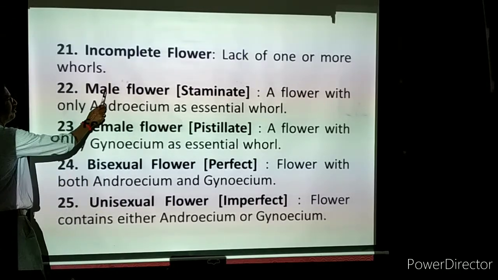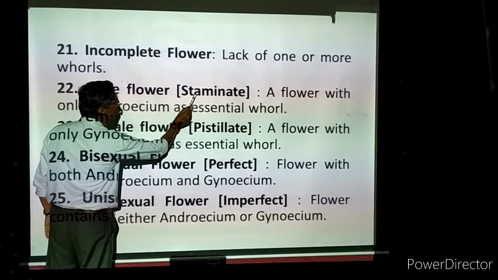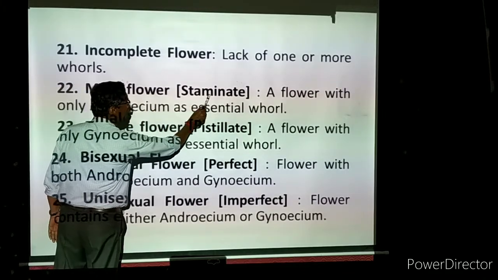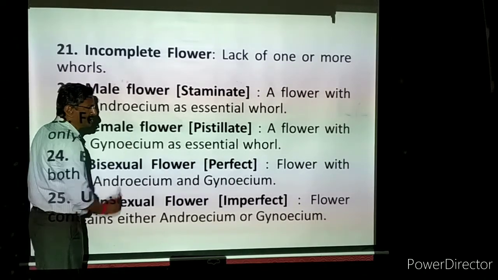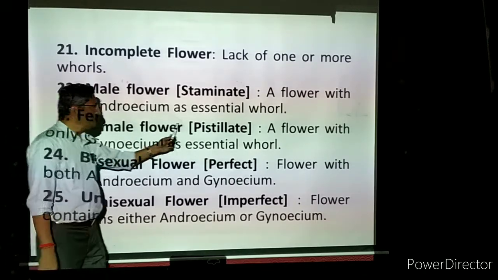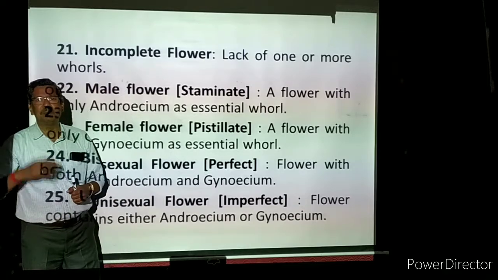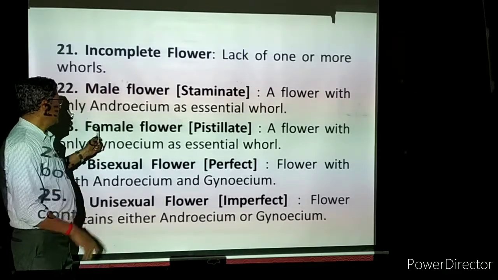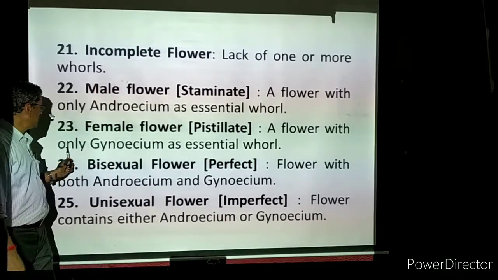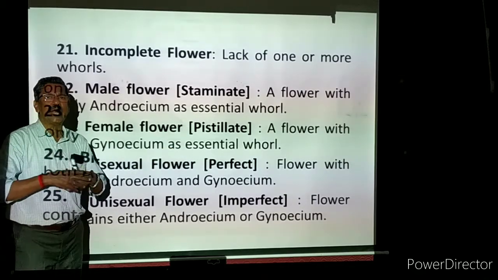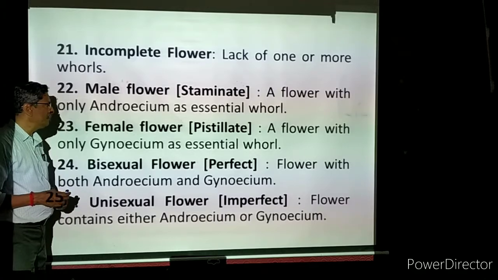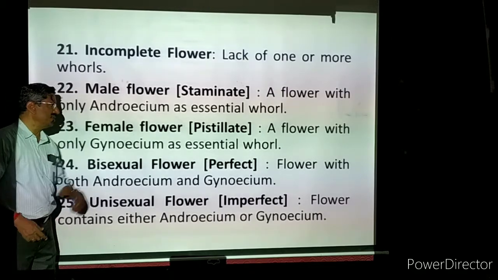It is also called staminate because androecium is made up of stamens. The next one is female flower. It is also called a pistillate flower because it has only the pistil, the gynoecium. A flower with only gynoecium as essential whorl, that means androecium is completely absent, is called a female flower.